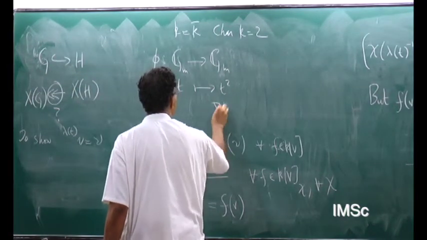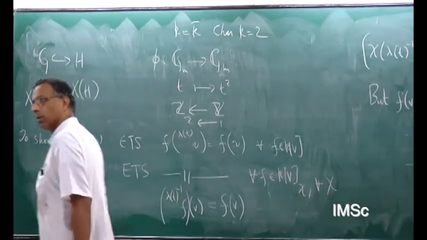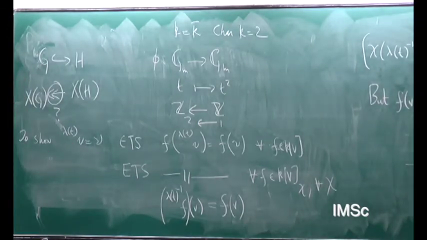Chi of Gm is Z, and 1 goes to 2, right? So I guess that's wrong. I can't agree, at least. It seems to be wrong. Think about it. I will also think about it, but looks like he made a mistake.